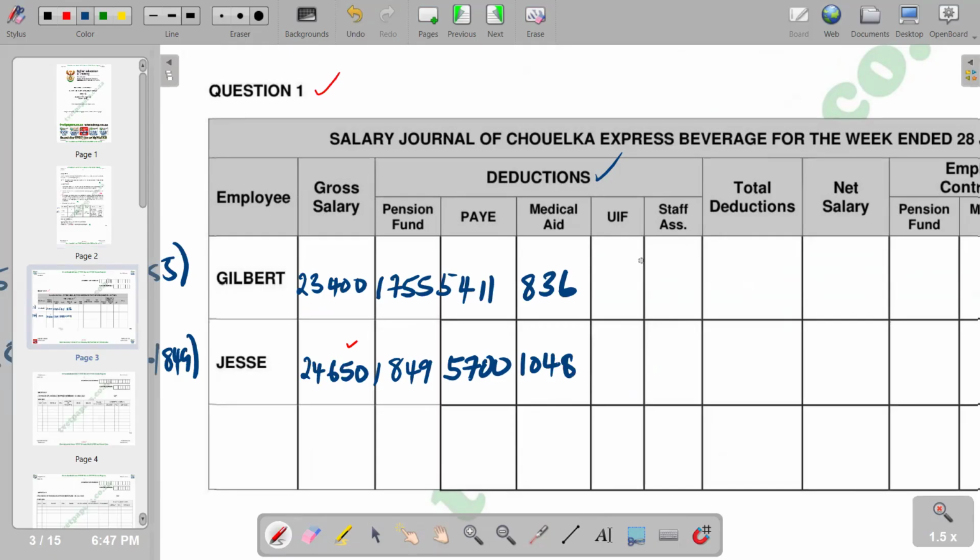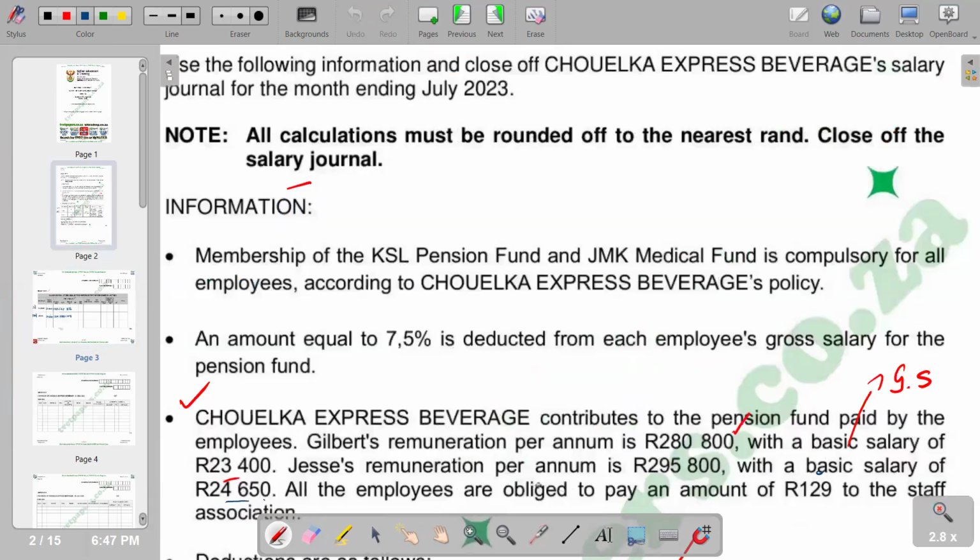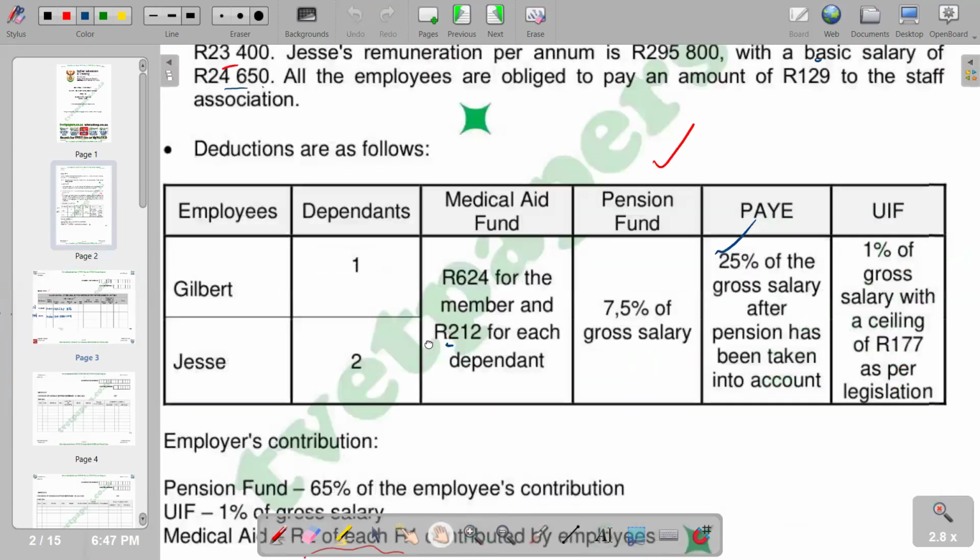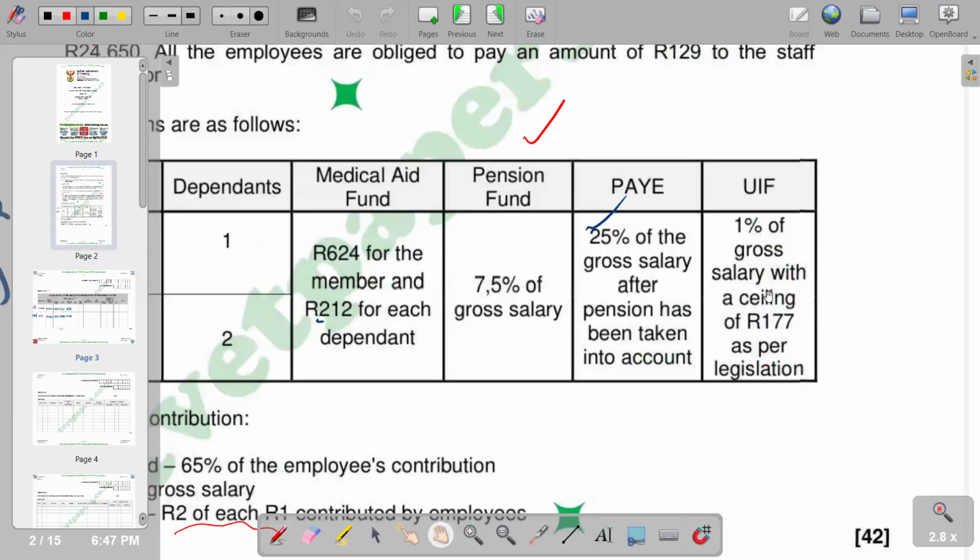So we go to the UIF column, and we see what is the instruction for UIF. So UIF is saying 1% of gross salary with a ceiling of 177 as per legislation. It means if you calculate the UIF as 1% times the gross salary, and you get an answer which is above 177, you only take 177.